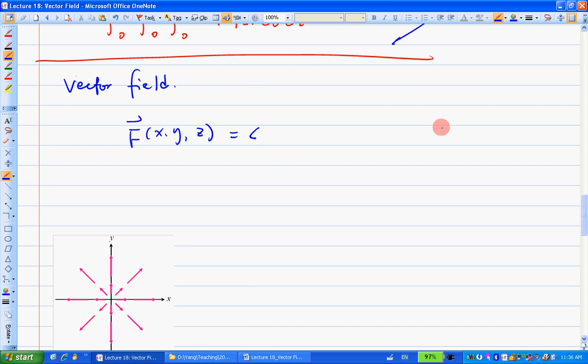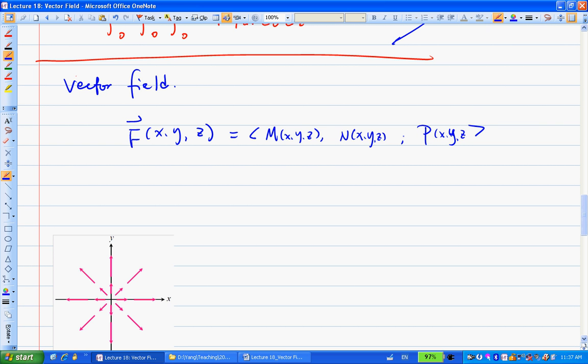This function has three components, L, M and P, but each one of the components is a function of the coordinates x, y, z. So this is a so-called vector function.